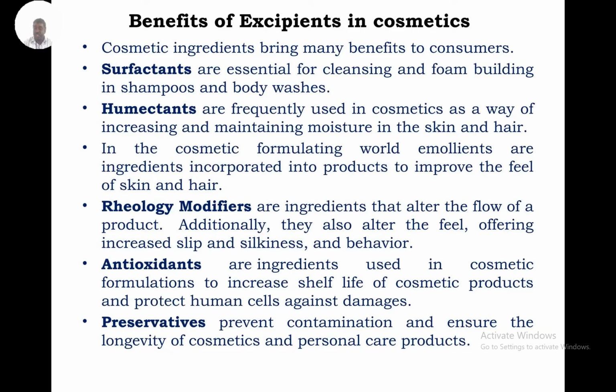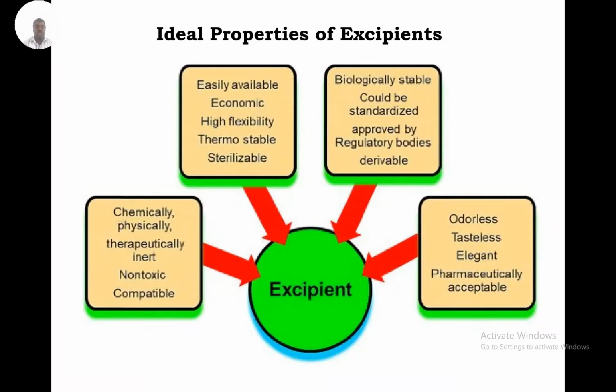They prevent contamination and ensure the longevity of cosmetics and personal care products. Many cosmetic products are prone to microbial growth, so preservatives prevent contamination and microbial growth and protect the formulation from microbial instability.